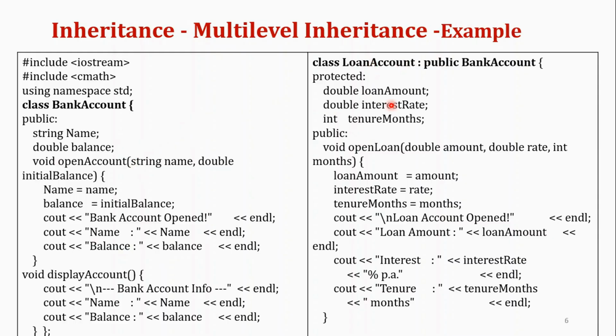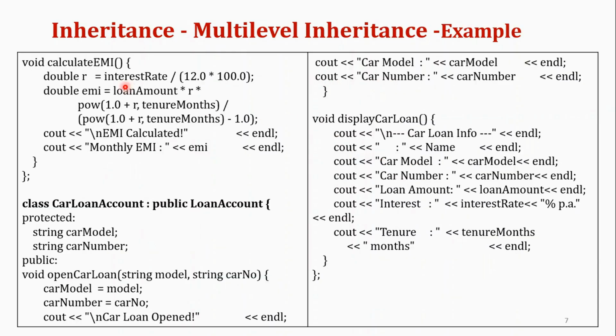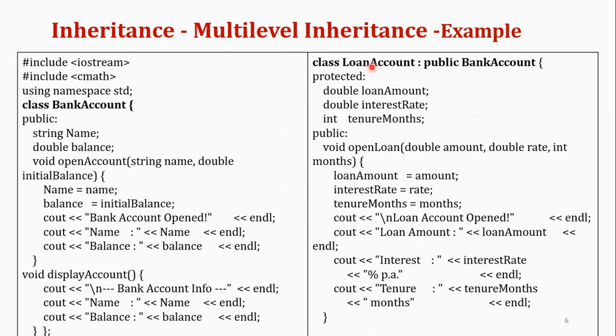In the loan account, some protected members are there. These member data are protected members, and the member functions open loan and calculate EMI are in the public access mode of the loan account. So bank account to loan account is one level of inheritance.